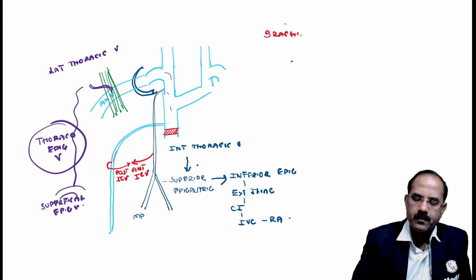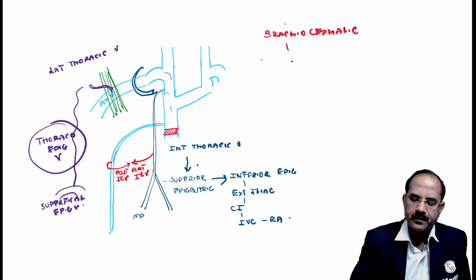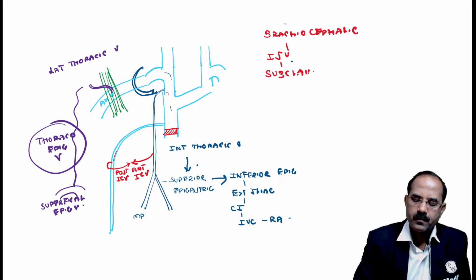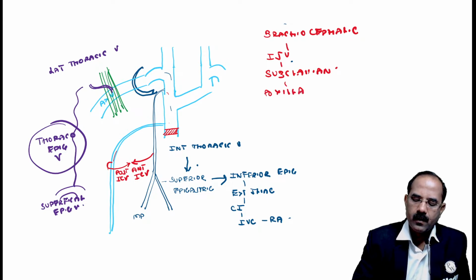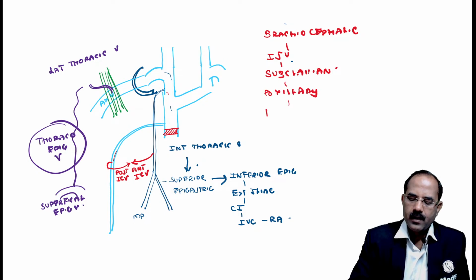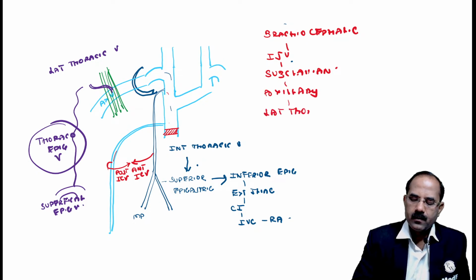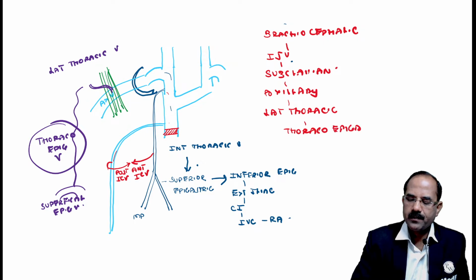Brachiocephalic vein, internal jugular, subclavian, then axillary, lateral thoracic, thoracoepigastric, superficial epigastric.